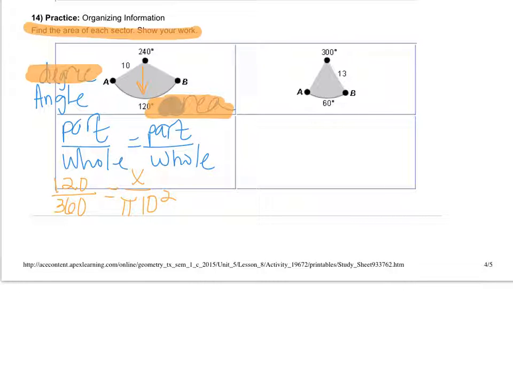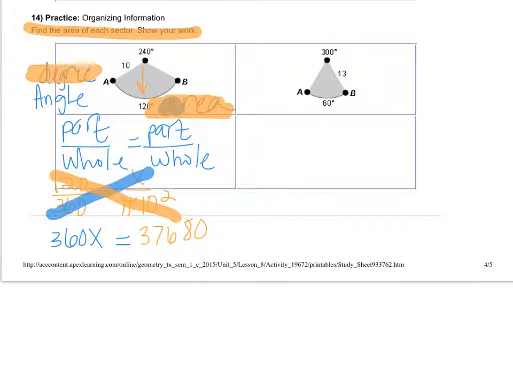And proportions, I think, are a little bit easier. All you have to do is cross multiply. So I'll give you the easy side: 360 times x is 360x. And then 120 times pi times 10 squared right there should give you 37,680.